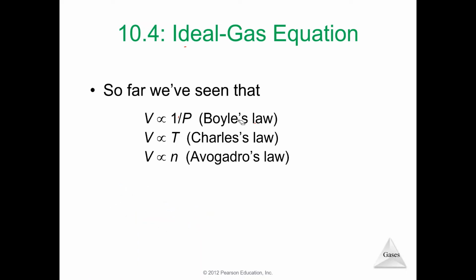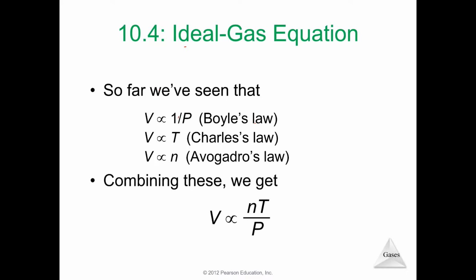You look at here their relationships: volume and pressure are inversely proportional, volume and temperature are directly proportional, and volume and number of moles are directly proportional. You combine these relationships to form what? This. You could say that volume is proportional to what?